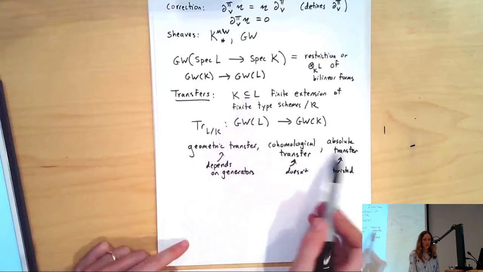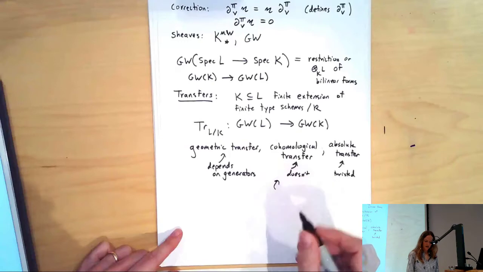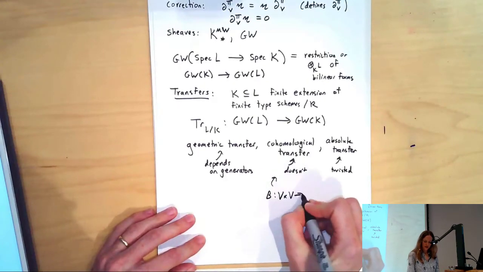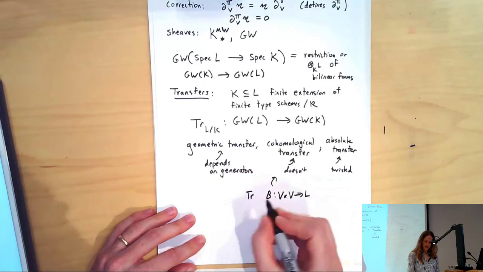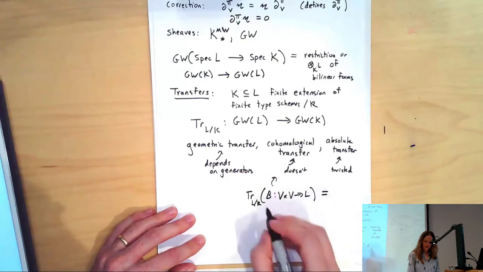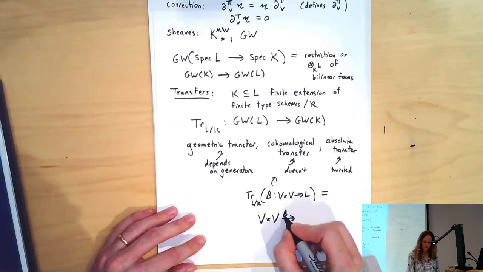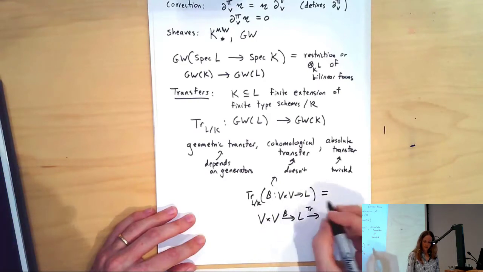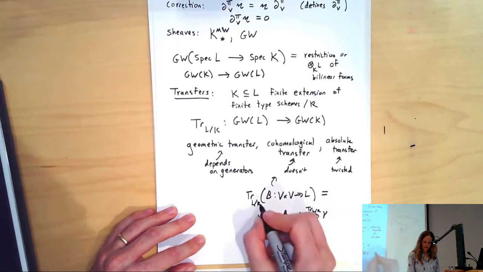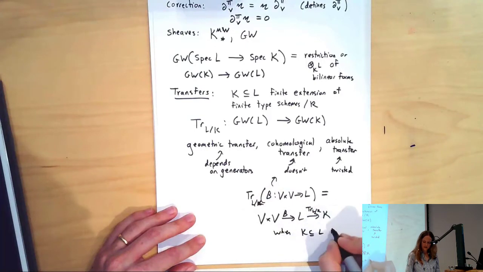And so these two agree, and for these two, explicitly we took beta, V cross V to L, and the transfer L K of this was we view V now as a K vector space, and we compose with the transfer from Galois theory, the sum of the Galois conjugates. And this is when K and L is separable.